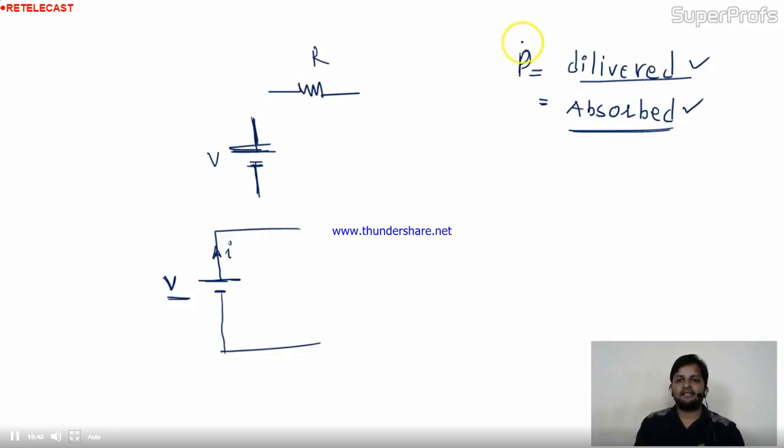And energy supply per unit time is nothing but the power, as we know. So if in the source the current flows from negative terminal to positive terminal, see, the current is flowing from negative to positive, so this power is the delivered power by the source.